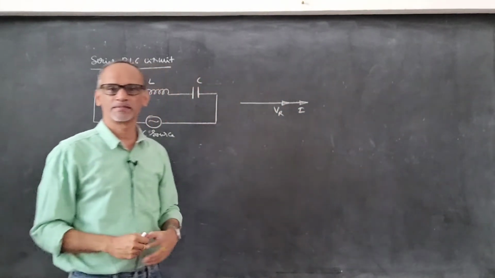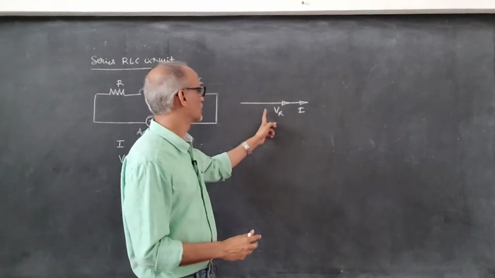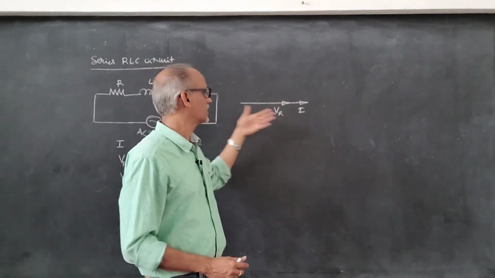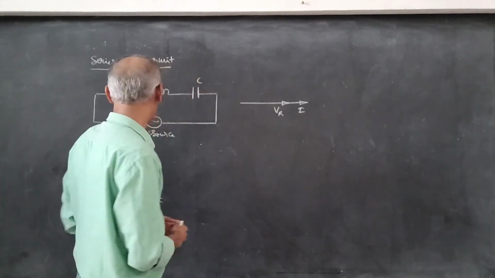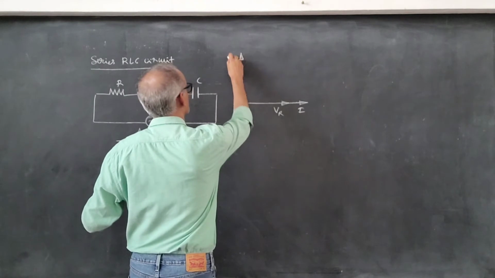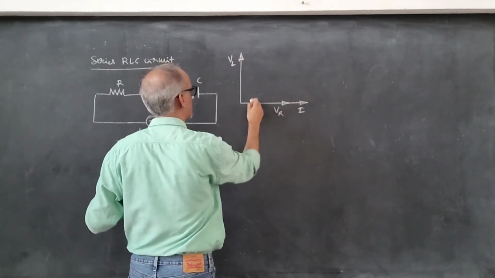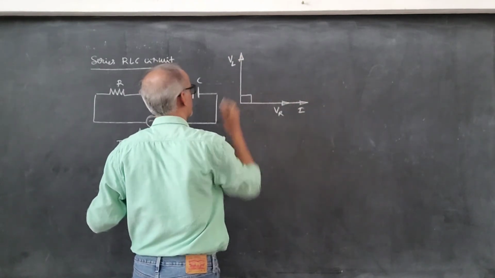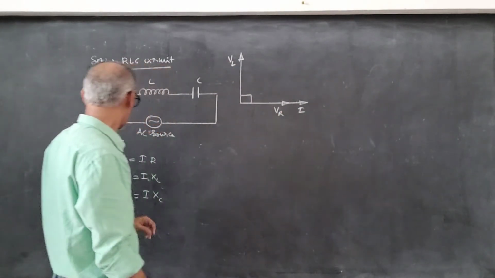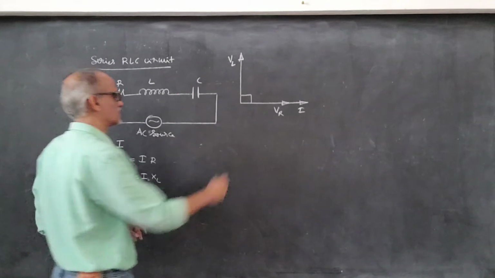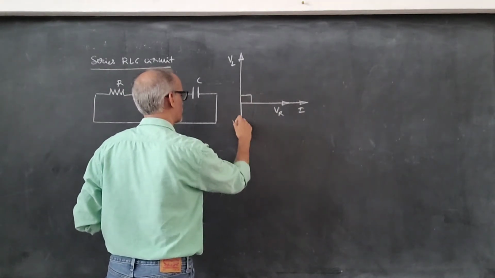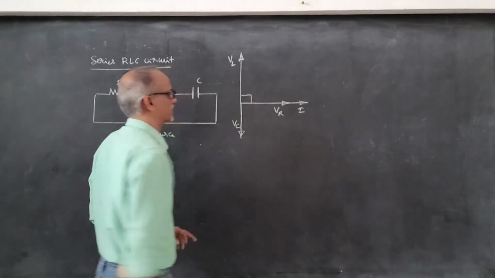That means the phase difference between them is 0, because both are along the same direction. In inductor, voltage leads current by 90 degrees. VL leads I by 90 degrees. Whereas in capacitor, current leads voltage by 90 degrees.